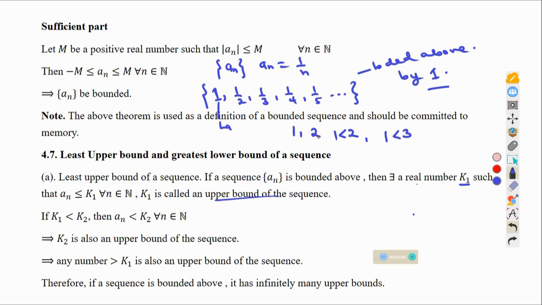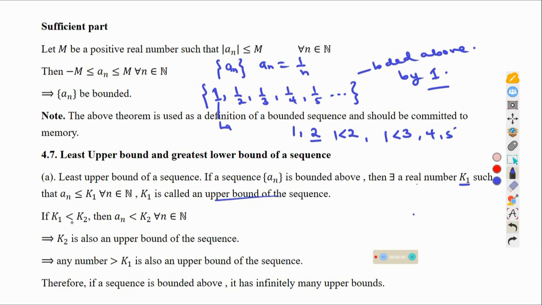If you have a number like 2, 3, 4, 5, 6, or any other number greater than 1, then all the terms of this sequence will be less than that number. Because if 1 is the largest number, then 2 is also greater than all the numbers within this sequence, and 3 will be greater than all the numbers within this sequence.